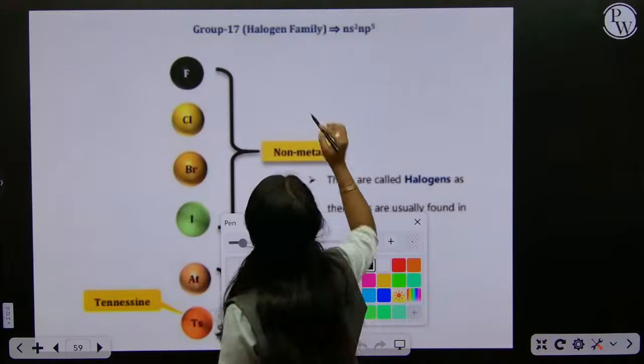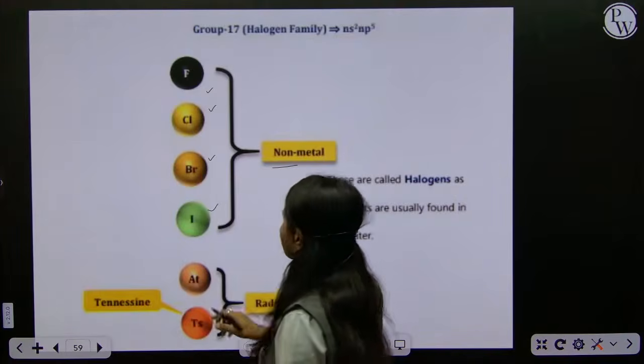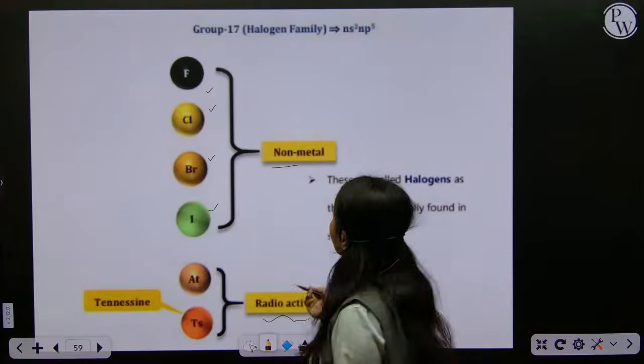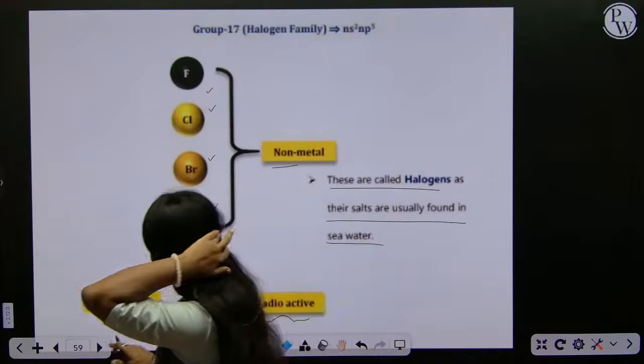Okay, so group number 17: fluorine, chlorine, bromine, iodine are non-metals, and astatine is radioactive. These are halogens as their salts are usually found in seawater.